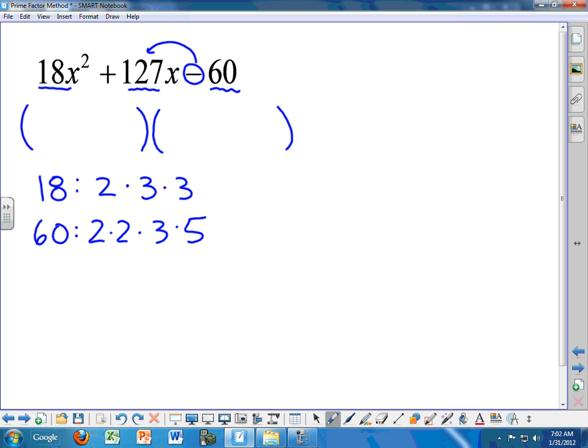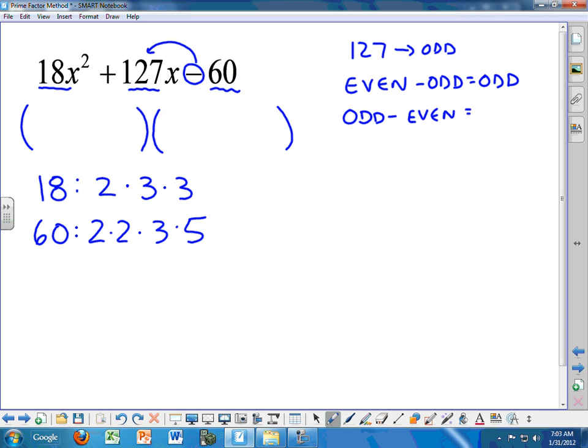Well, I actually have a clue here, and that is the 127. The 127 is an odd number. And if I'm going to subtract two numbers to make an odd number, I can either subtract an even minus an odd, that will produce an odd, or I can subtract an odd minus an even, and that will produce an odd number.